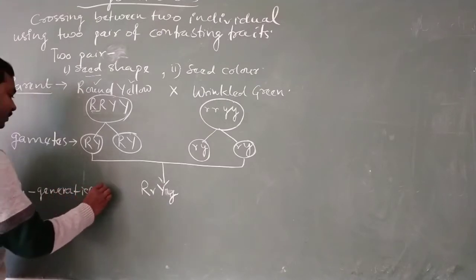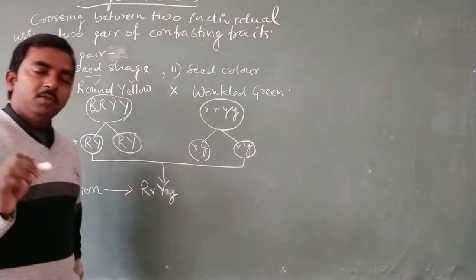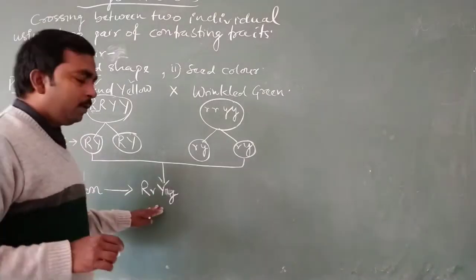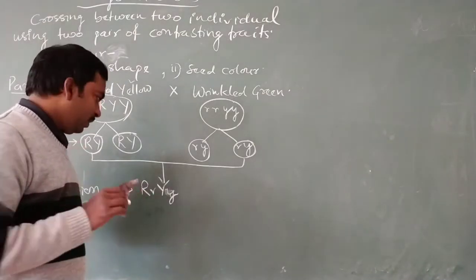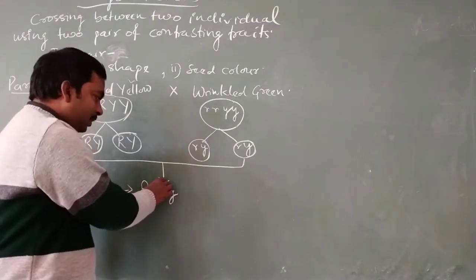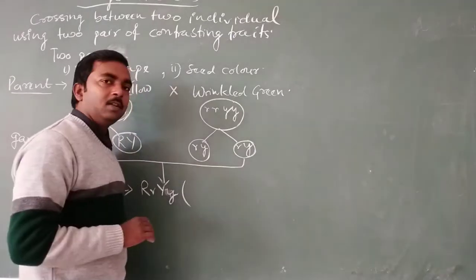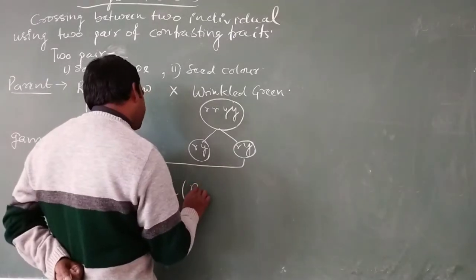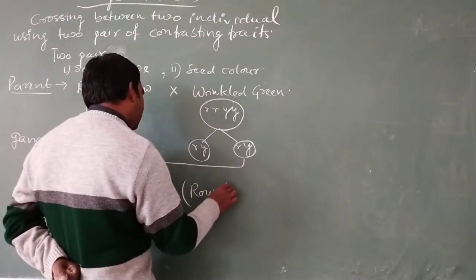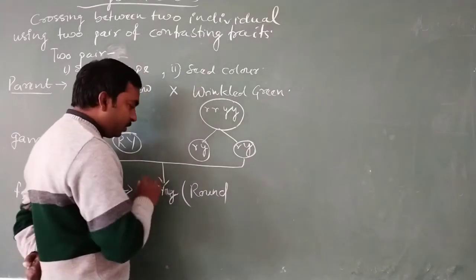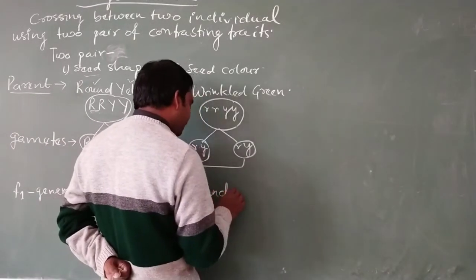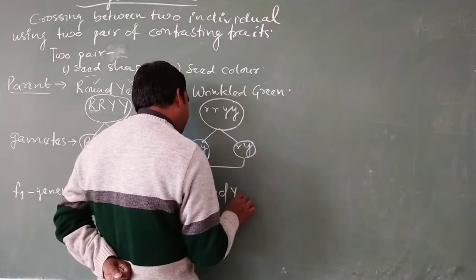The genotype of the F1 generation appears as capital R small r, capital Y small y, and the seed with this genotype appears round and yellow.